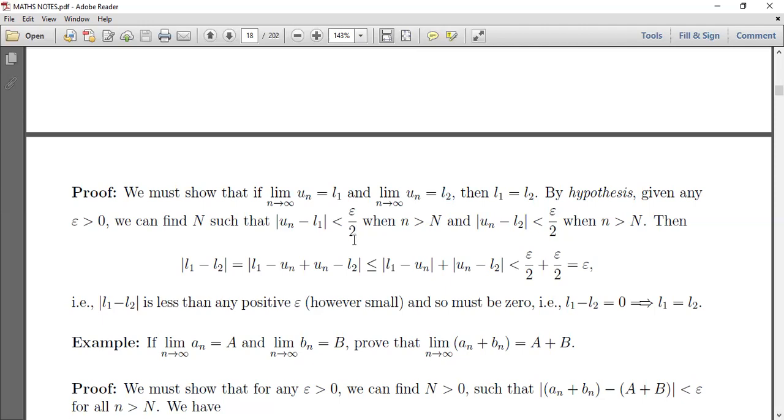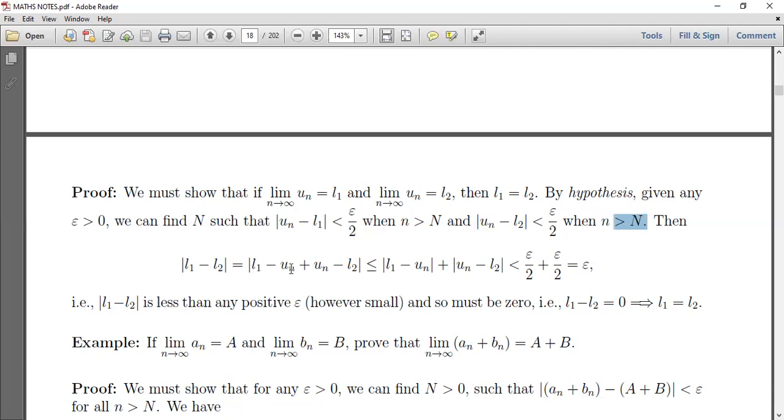So this holds for n greater than N. And also using the other limit L2, we are saying the modulus of un minus L2 is less than epsilon over 2. So this is the definition of a limit, but here we're using the other limit.